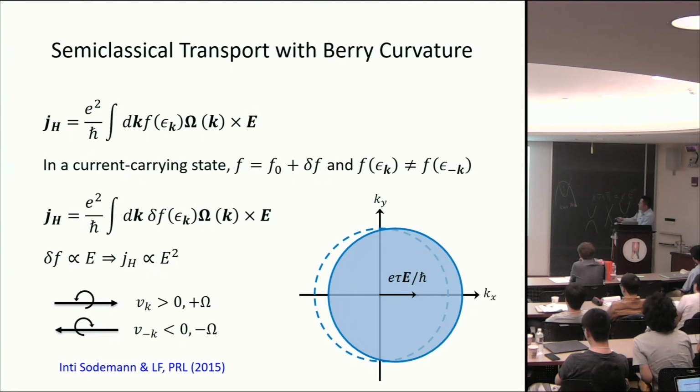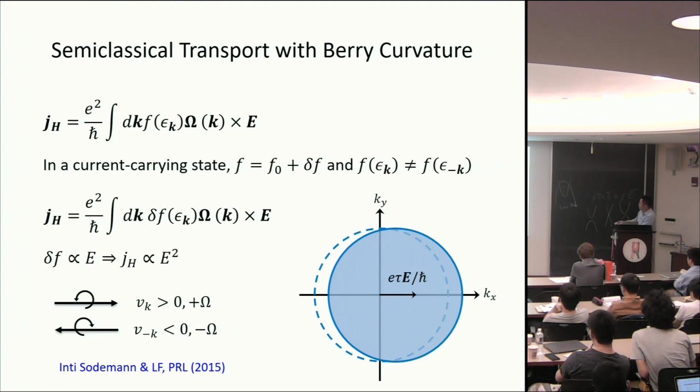So now when we look at the expression for the anomalous current, if we go beyond the linear response theory, right? When we apply an electric field to a metal, the Fermi surface is not the equilibrium Fermi surface. It will be displaced in k-space, right? So in the current carrying state, the distribution deviates from the equilibrium distribution, and the change of the distribution function is also an odd function of k.